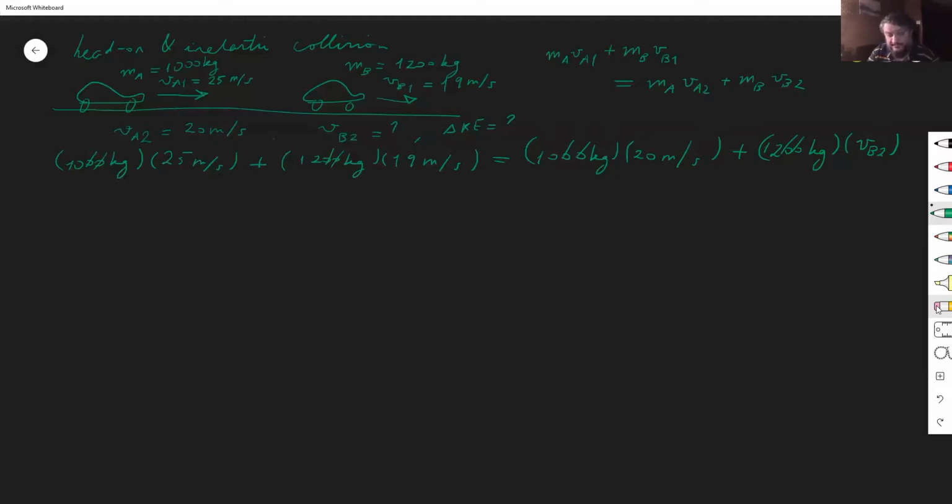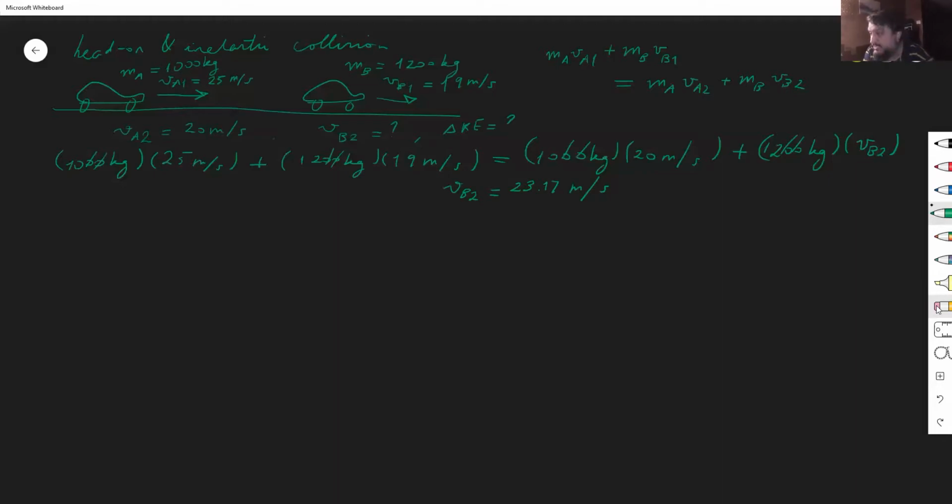So VB2 happens to be 23.1666, 23.17 meters per second. Okay, so as expected, you slow down and the car in front of you speeds up a little bit after the bumper-to-bumper accident.